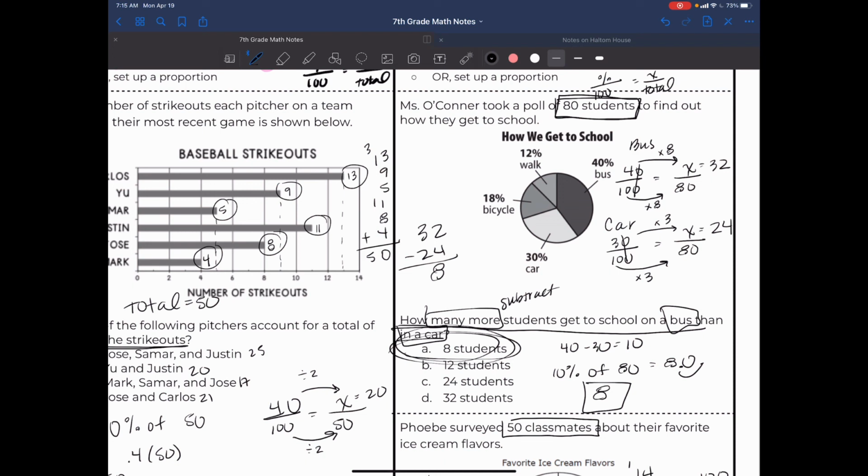So I could have found 8 that way as well. Subtracting first, then just finding 10% of 80, which honestly would have been easier. However, this strategy will work, the strategy we used by setting up 2 proportions will work on any and all of these types of problems. But considering this one just dealt with tens of percents, multiples of tens, it might have been easier to solve it that way.